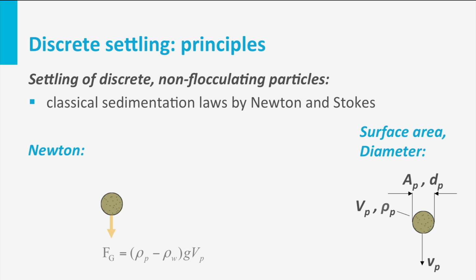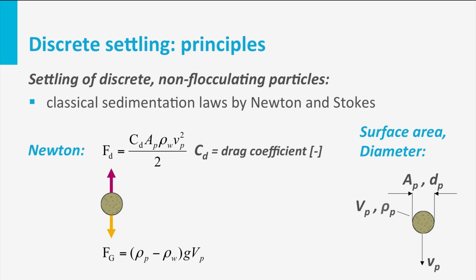The gravity force results from the particle characteristics and is directly dependent on the density difference between the particle and the liquid, multiplied by the gravitational acceleration and the volume of the particle. The drag force results from the motion of the particle through the liquid and is thus dependent on the particle's velocity, as well as on the prevailing drag coefficient, the size of the particle and the liquid density.